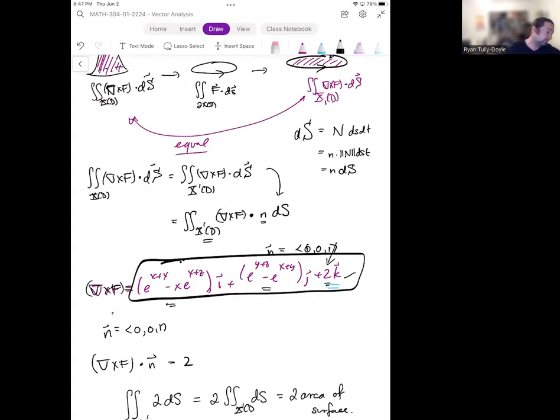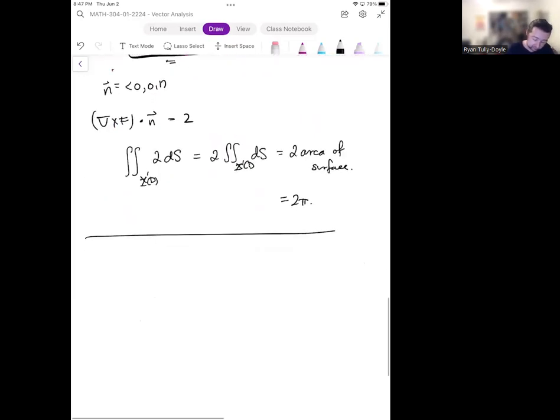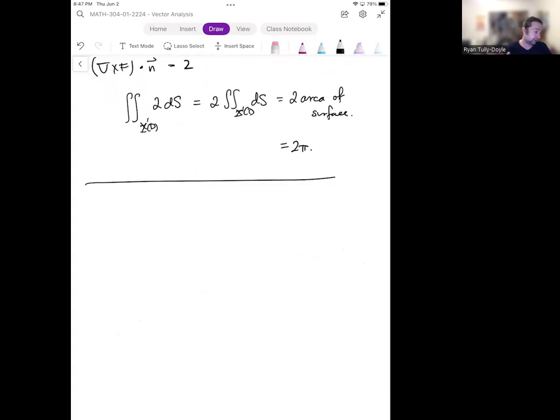So I suppose I need to also mention the divergence theorem, which is the last thing that I want to talk about. The divergence theorem connects the 2D version, the divergence form of Green's theorem, through to the full 3D version.